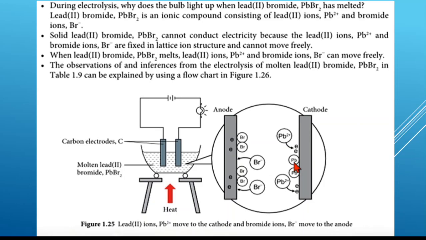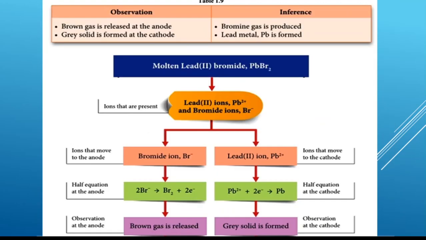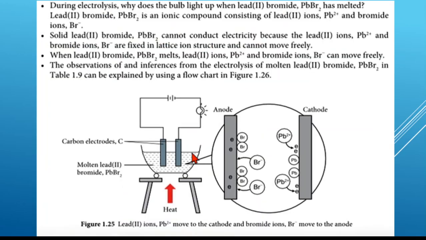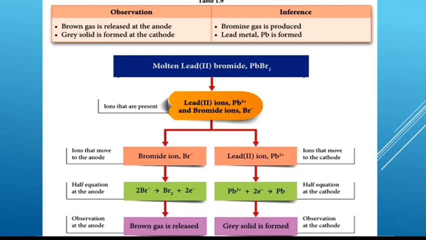Faham kan? Okay? So, observation, brown gas is released at the anode. Anode, mana anode? Sini. Brown gas is released at the anode. Okay, kenapa dia ada brown gas release di anode? Sebab bromine gas is produced. So, bromine gas color dia brown.